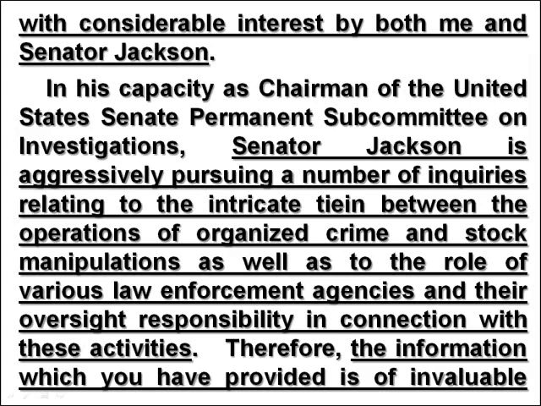In his capacity as chairman of the United States Senate Permanent Subcommittee on Investigations, Senator Jackson is aggressively pursuing a number of inquiries relating to the intricate tie-in between the operations of organized crime and stock manipulations, as well as to the role of various law enforcement agencies and their oversight responsibility in connection with these activities.